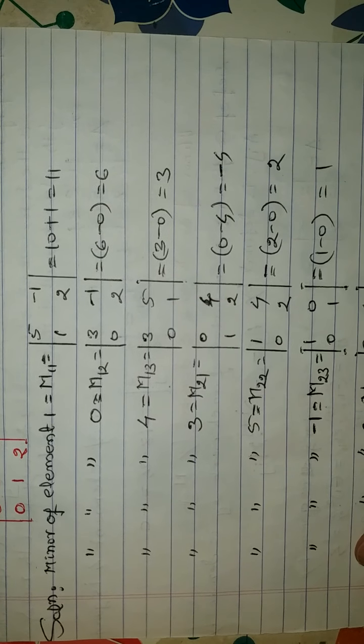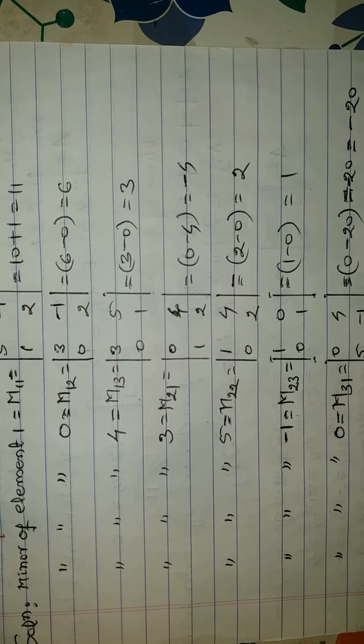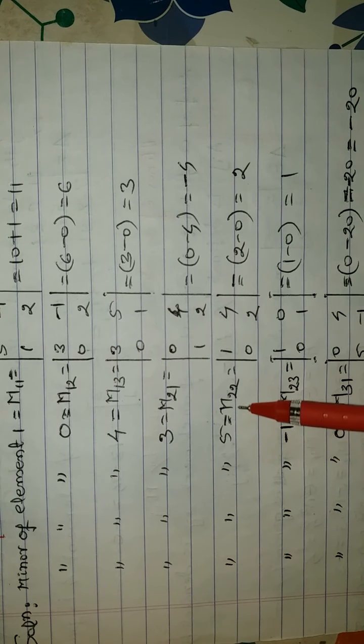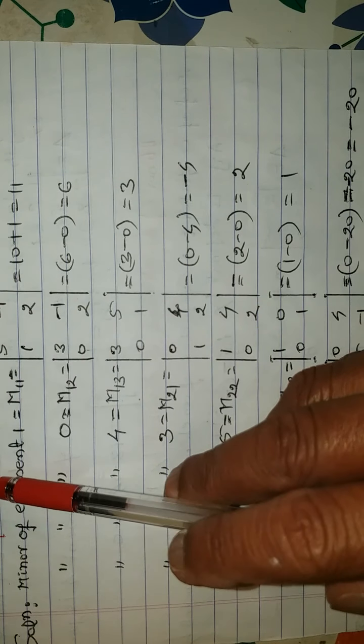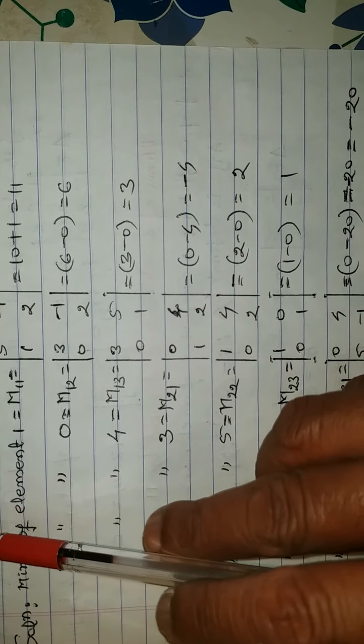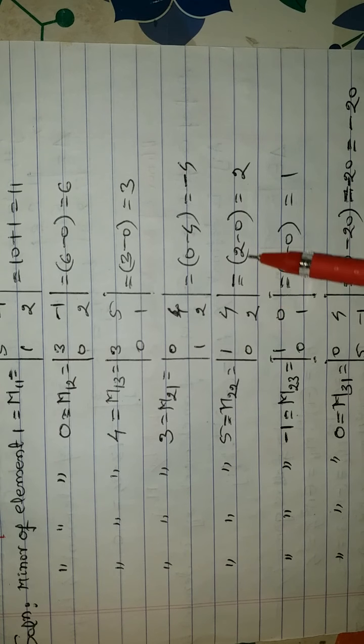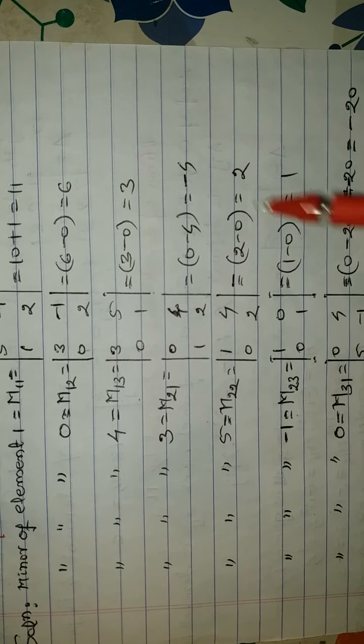The next is the minor of the next element, that is 5. Minor of A22 is denoted by M22. You leave second row, second column, which gives 1, 4, 0, 2. The result equals 2.